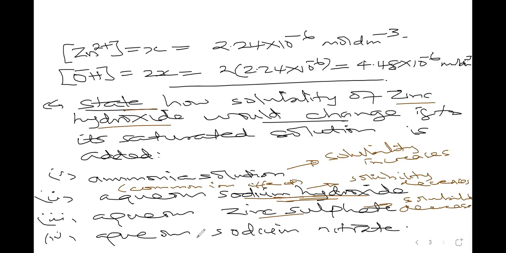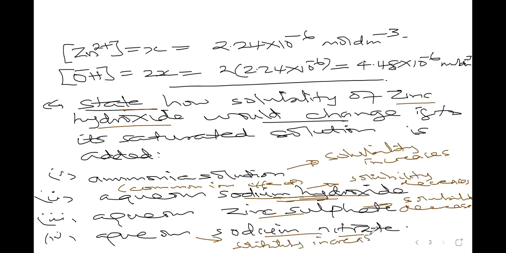When you add sodium nitrate, it is a compound that is soluble but containing no similar ion. The nitrate ions will tend to react with zinc ions at equilibrium to form zinc nitrate, reducing the concentration of zinc ions. More zinc hydroxide dissolves. So here solubility will increase.